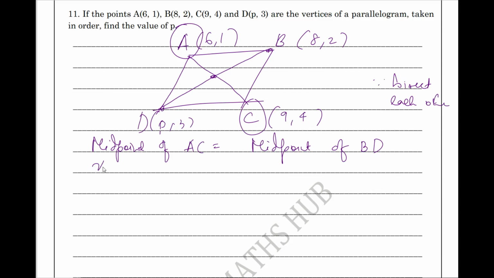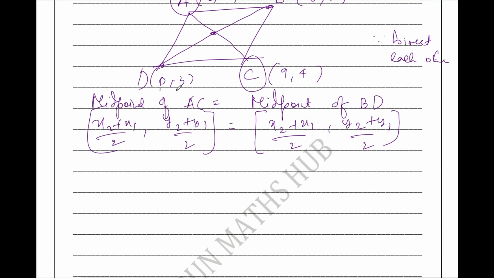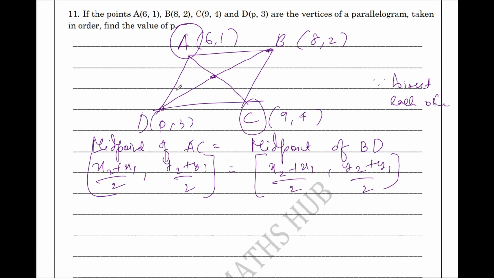Now what is the midpoint of AC? That is x2 plus x1 by 2 comma y2 plus y1 by 2. In the same way, the midpoint of BD is x2 plus x1 by 2 comma y2 plus y1 by 2. Midpoint of AC is 9 plus 6 by 2 comma 4 plus 1 by 2.